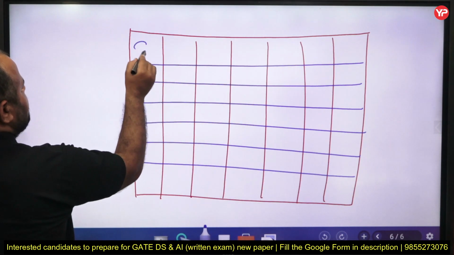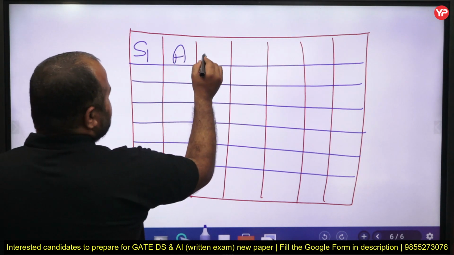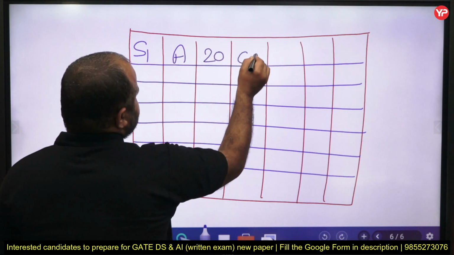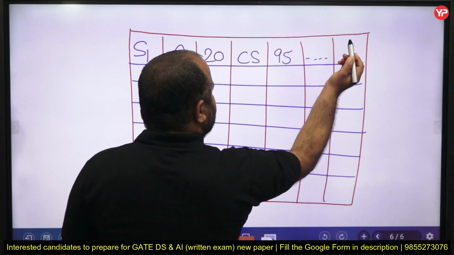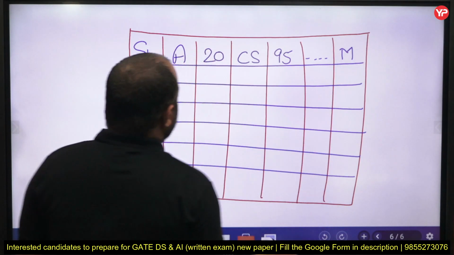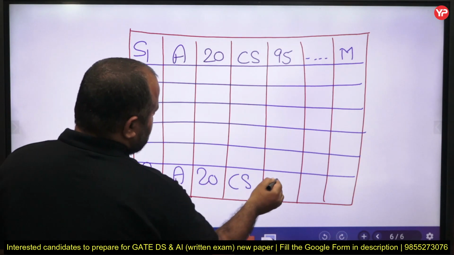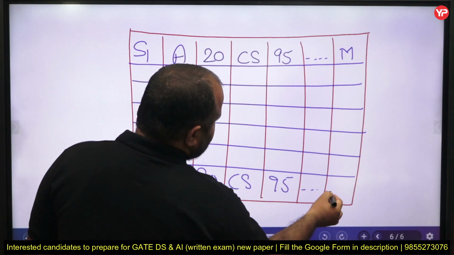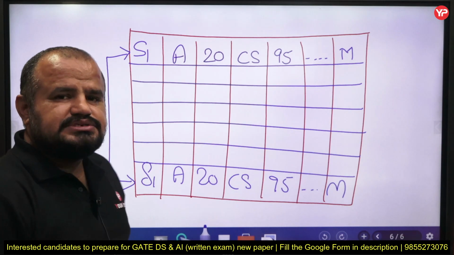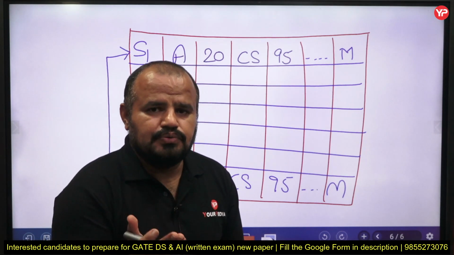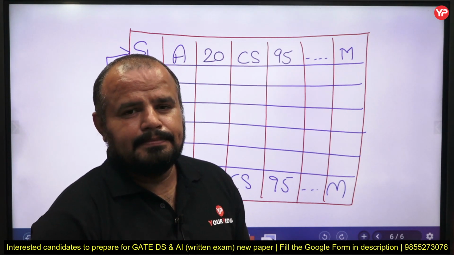Suppose the first record has student ID S1, name A, age 20, branch CSE, marks 95, license number something, and gender male. And the same information I am storing here again. Then the same information is there, so I can say these two records are the same. So why does Codd say that in a table I cannot keep a duplicate copy?